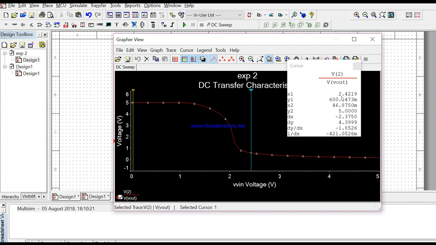When my input is 2.42 volt, output here is 600 milli. So you can translate it. So it is 0.6 volt over here. Okay. So these are the critical voltage levels which we have compared through simulation as well as through calculating the values.